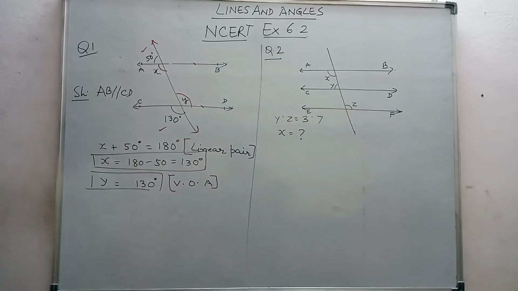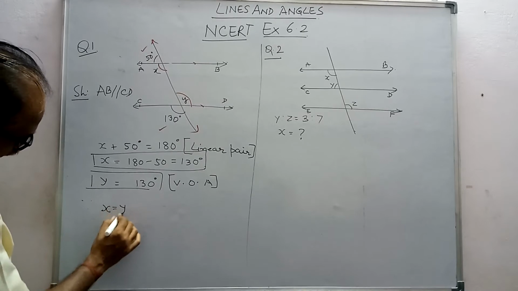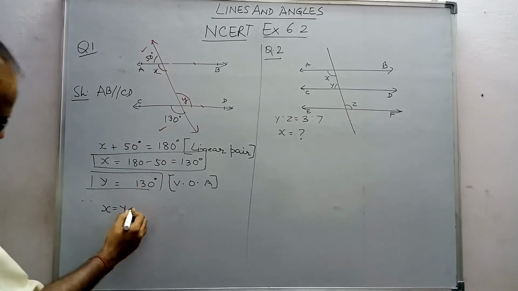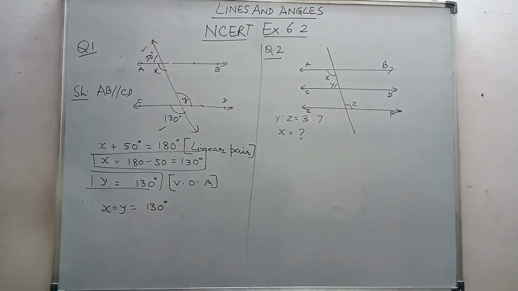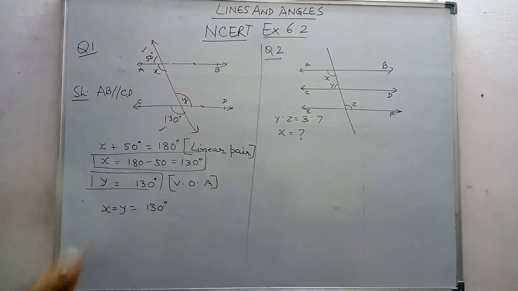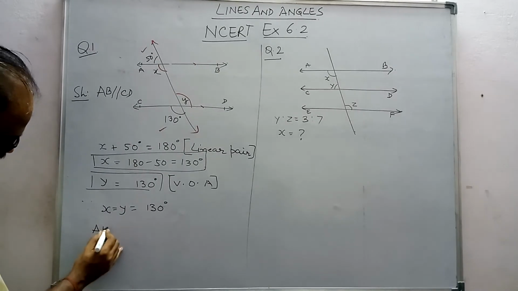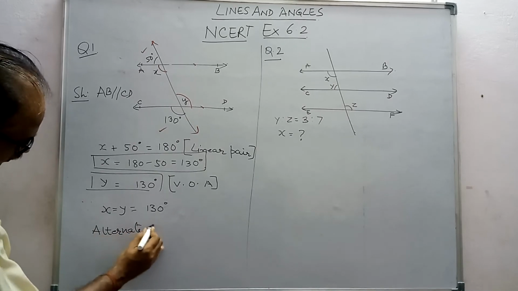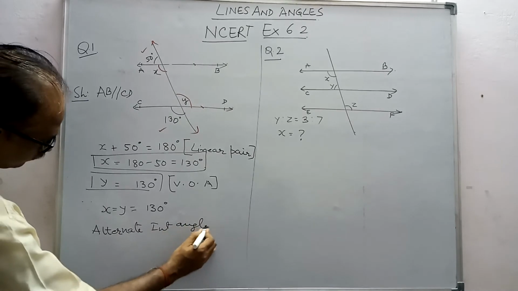Now you see, X is equal to Y, X and Y both are equal, because each is 130 degrees. And you see, X and Y are which type of angles? They are alternate interior angles.